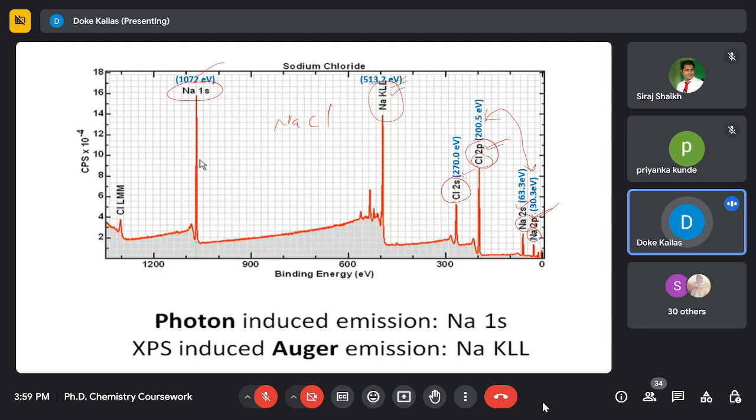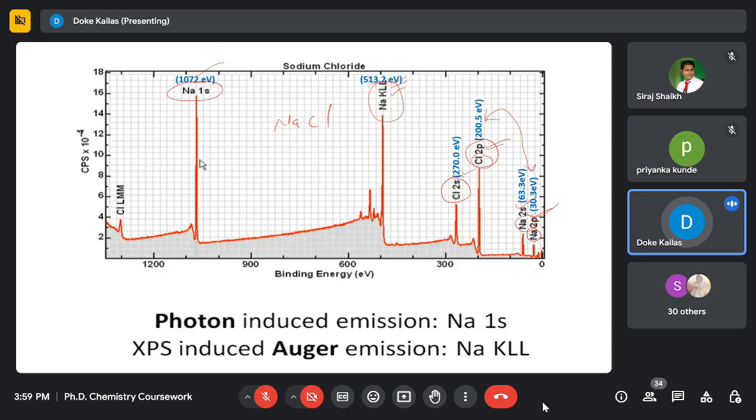It requires less kinetic energy, less binding energy, and therefore the binding energy of sodium KLL is less than the binding energy of sodium 1s. You can see here less binding energy compared to sodium 1s. This is just to understand how the binding energy difference will be observed.